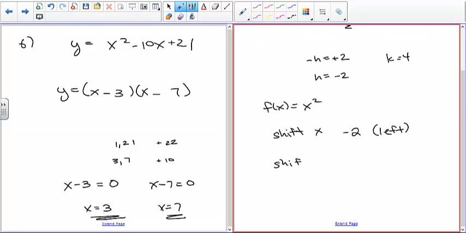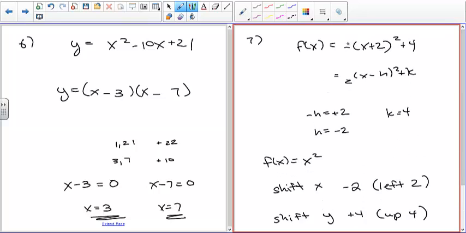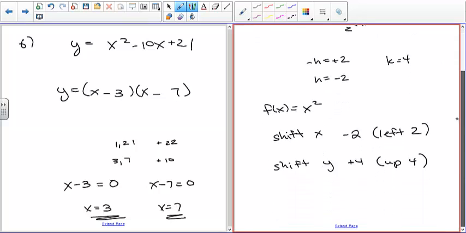You can say shift y plus 4, which is up. Left 2, or we could say up 4, either one. Now, because the negative sign is outside the argument being x plus 2, what that means is it's going to be an x-axis reflection.